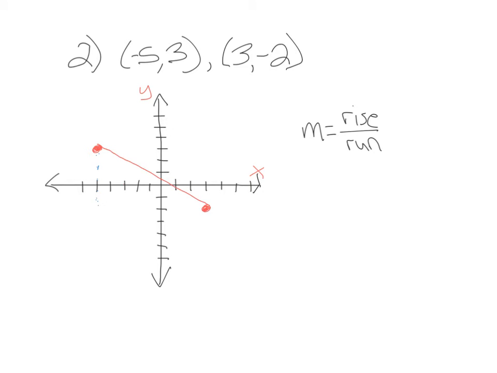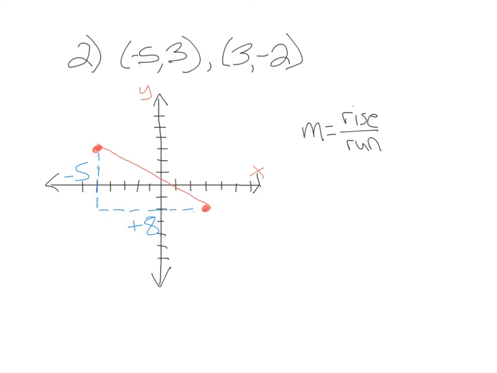And then we also have to go to the right. So we go 1, 2, 3, 4, 5, 6, 7, 8. Let me just quickly do that here. Okay, that looks better. So again, I said we went down 5, so that's -5. We went to the right 8, which is +8.